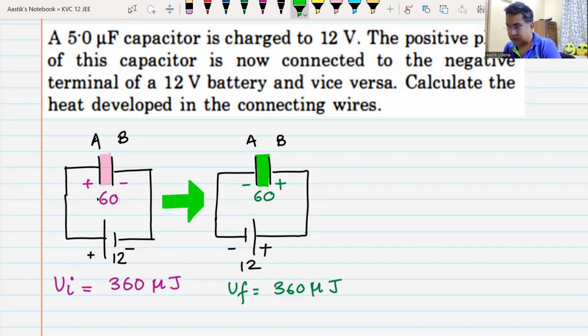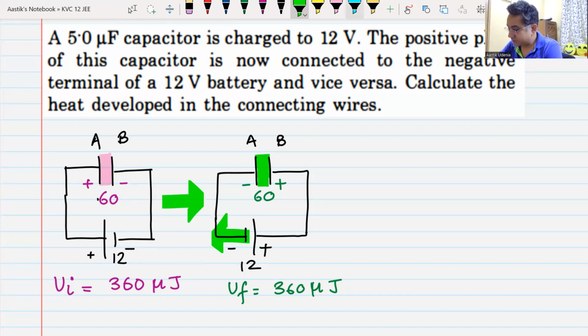How much charge has flown from the first condition to the second condition? Zero? No, zero is not the hero here.